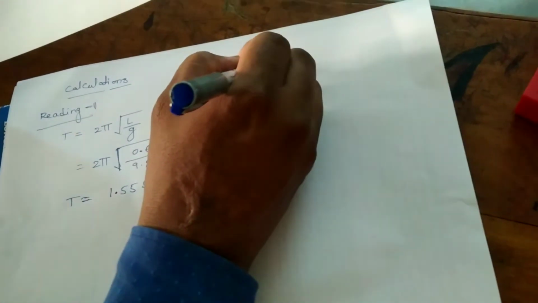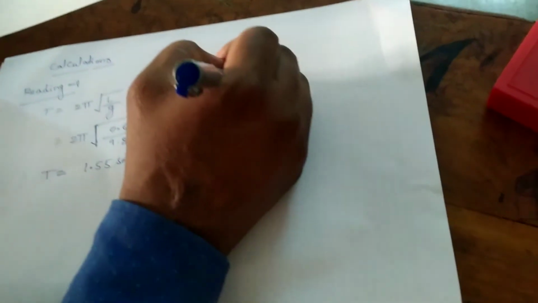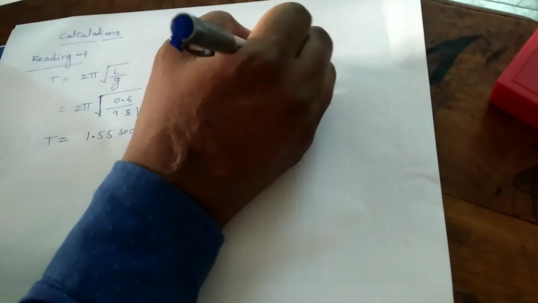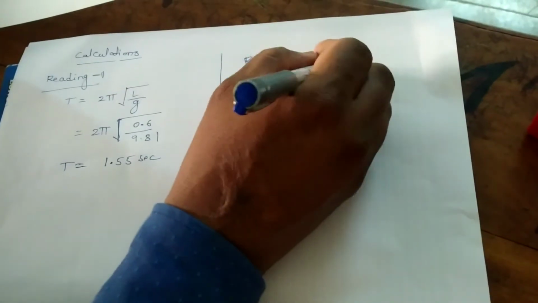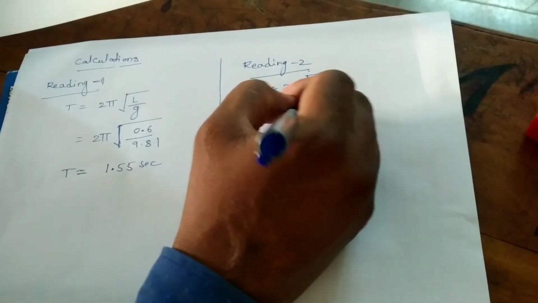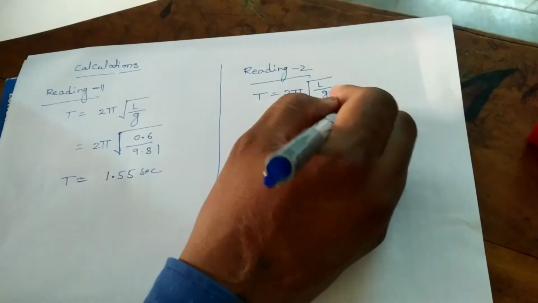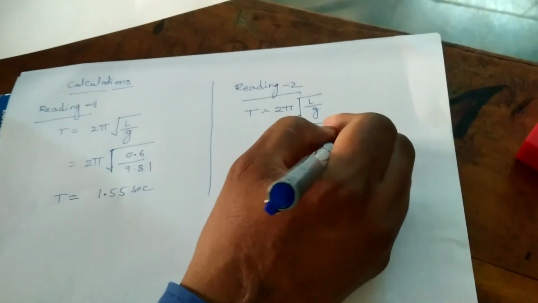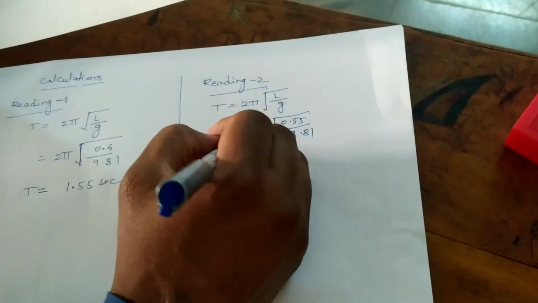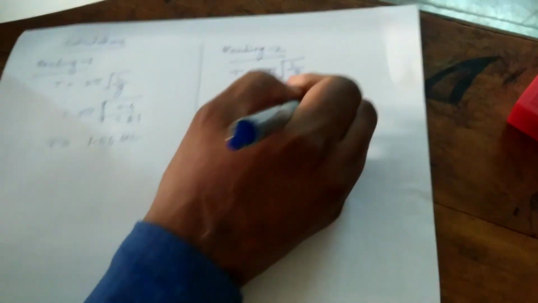Similarly, for reading 2, time period T is equal to 2 pi root L by g. The length of the pendulum is 55 centimeter, which means 0.55 meter, and g is 9.81. T is equal to 1.48 second.